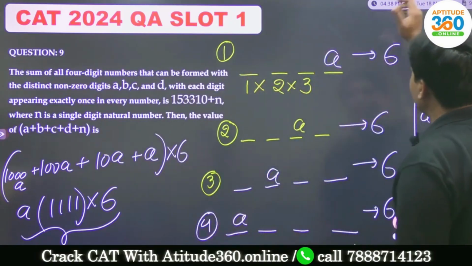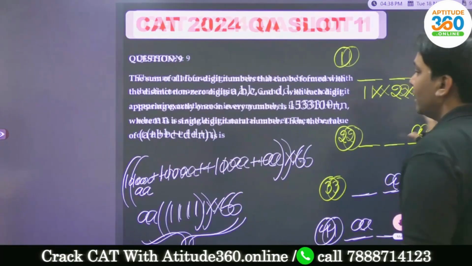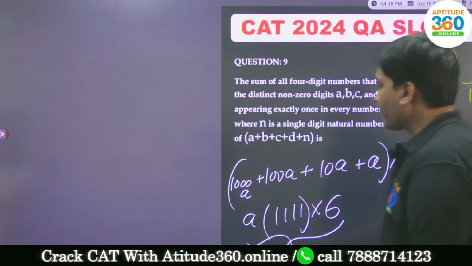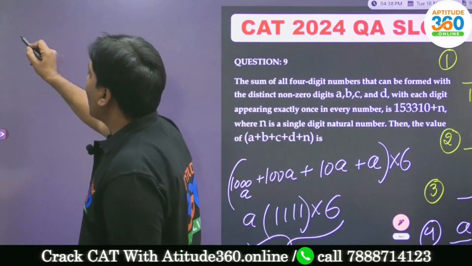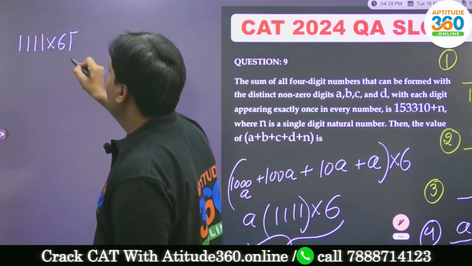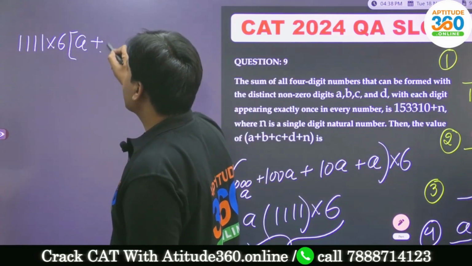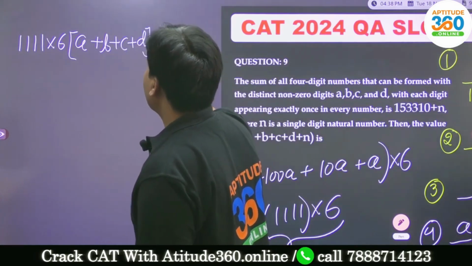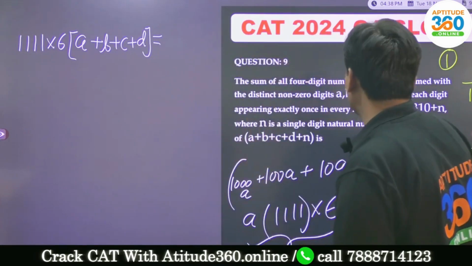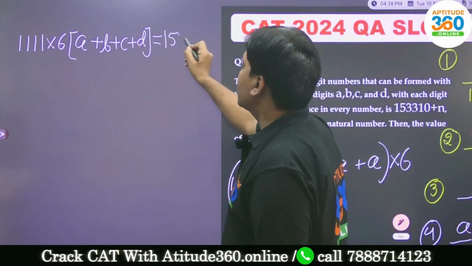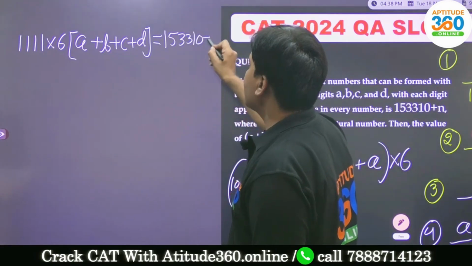So can I say, let me take it out over here, and can I say how many times A? 1111 into 6. A plus B plus C plus D, and that value is given to you, and that value is nothing but 153310 plus n.